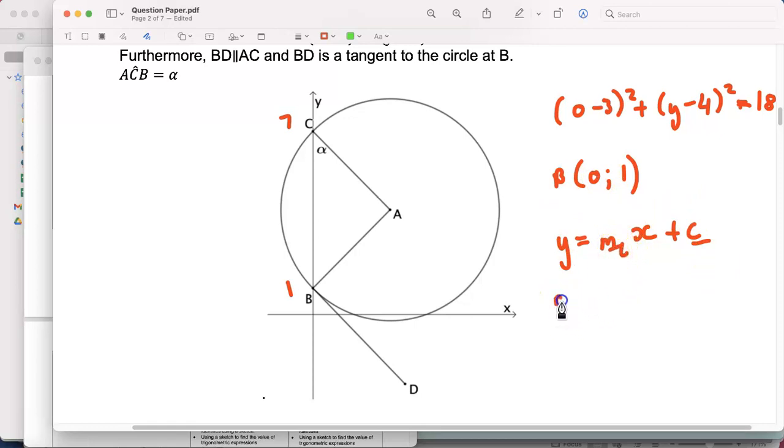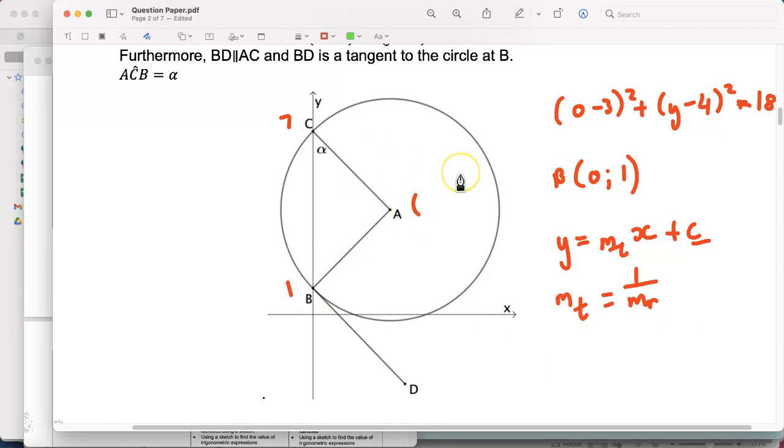So the gradient of the tangent is negative 1 over the gradient of the radius. So I need the gradient of the radius. To get the gradient of the radius, I need the center.